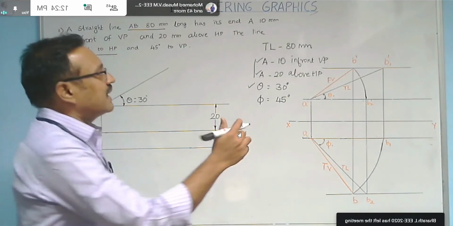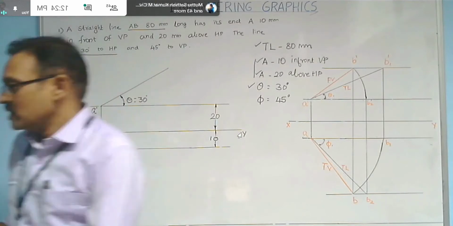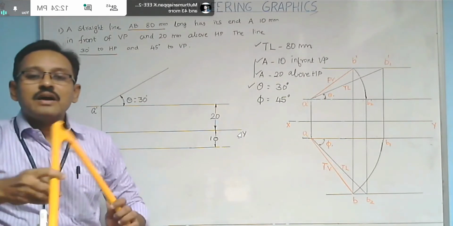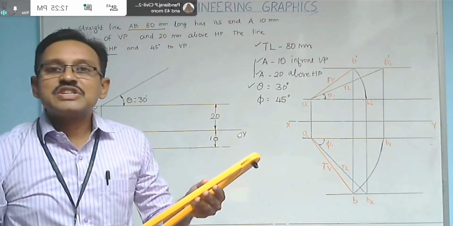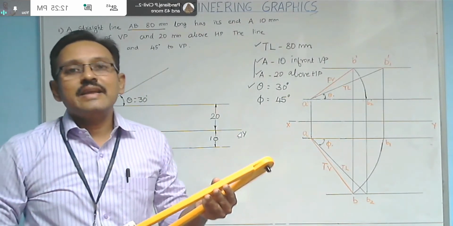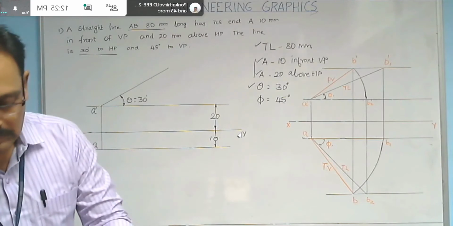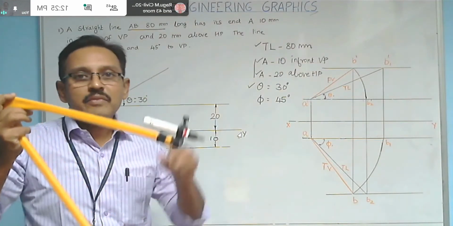Now what is the true length of the line? It is 80 mm. It is given. So what I can do? You take the compass, and in the compass you measure the true length 80 mm in your scale.